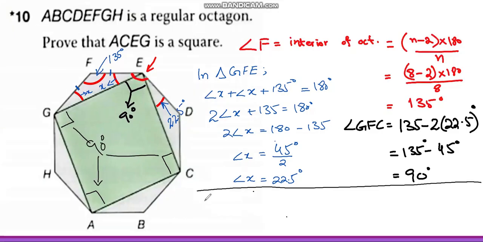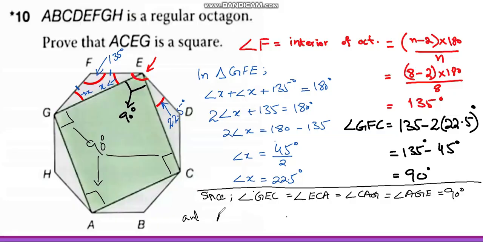Since all interior angles are 90 degrees in size, meaning angle GEC and angle ECA and angle CAG and angle AGE are all equal in size, 90 degrees, and sides AG and GE and EC and CA are also equal because these are the corresponding sides of the congruent isosceles triangles.